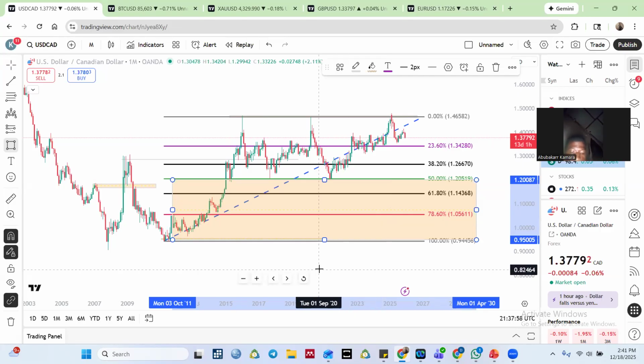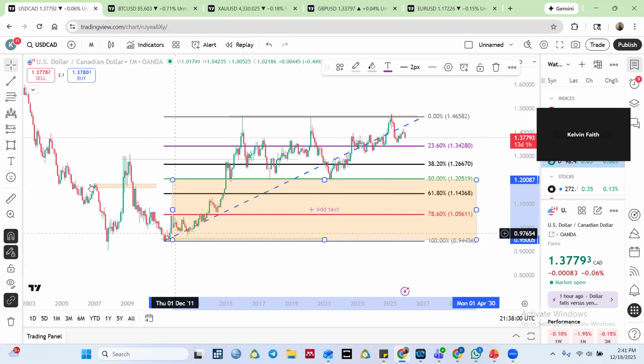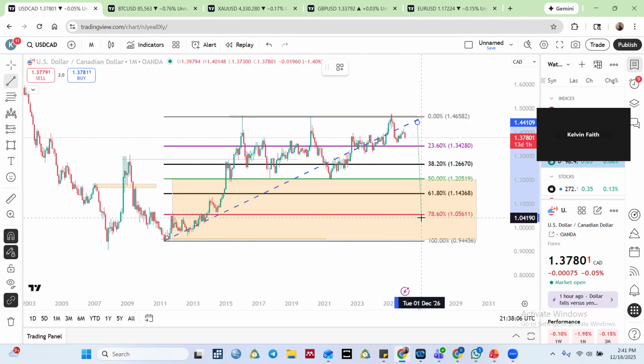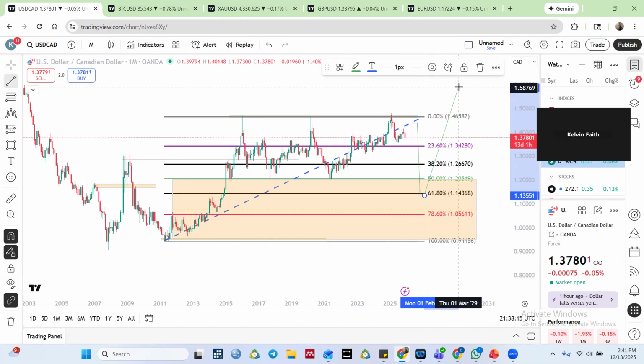As you can see, this is a monthly time frame, because after giving you a second break of structure, you want the price to come to 78.6% or 61.8% before we get a bigger buy again. Do you all get what I mean?